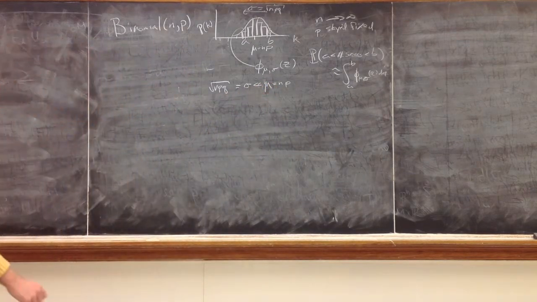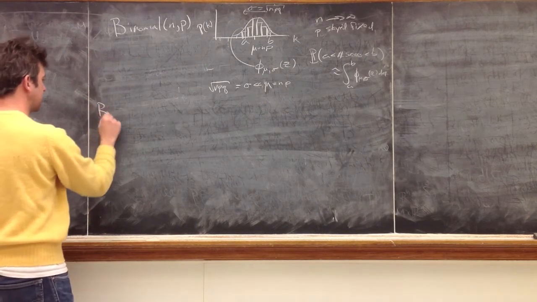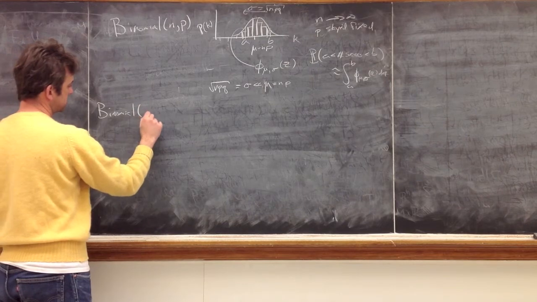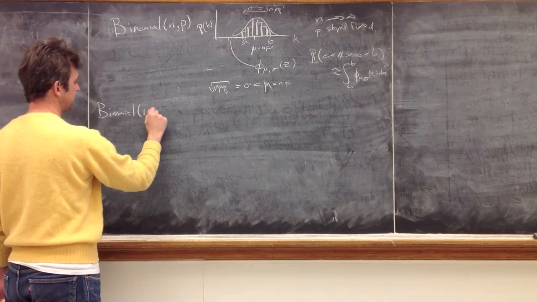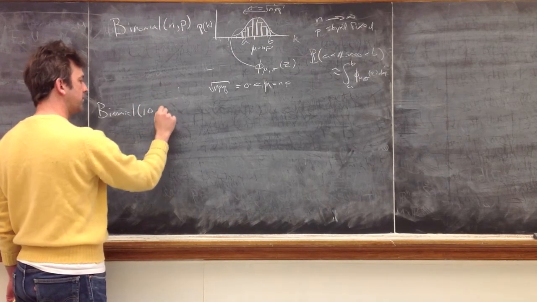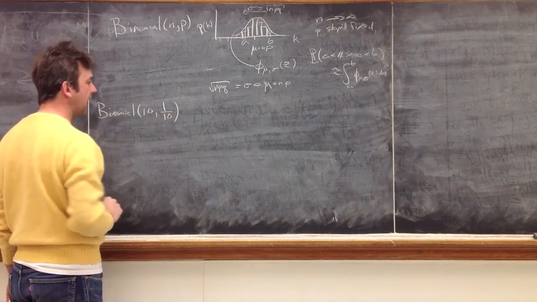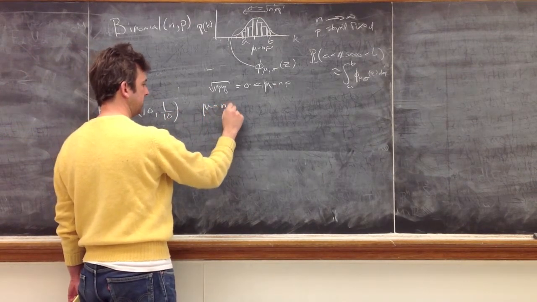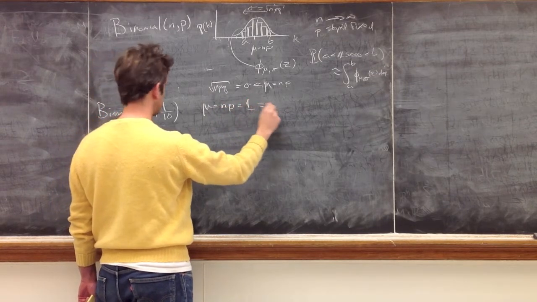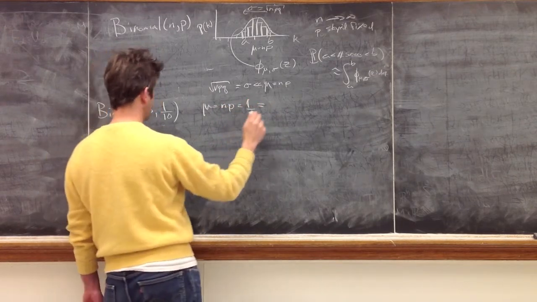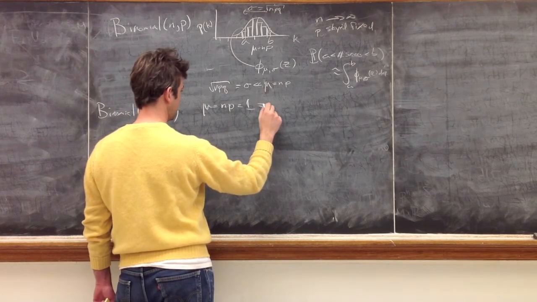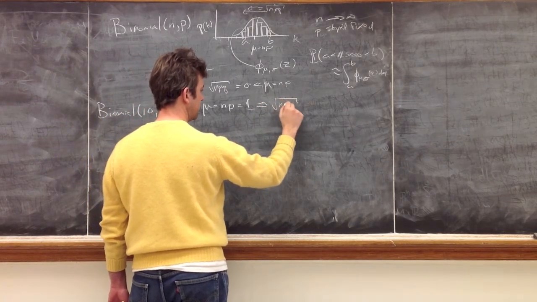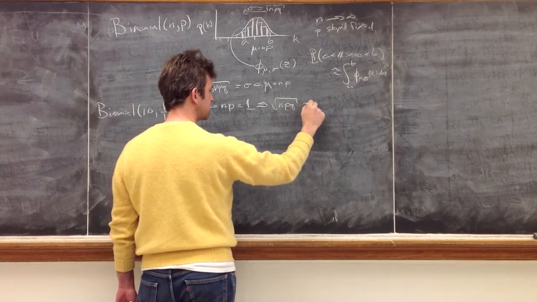Now, what if we pick a binomial where that's not true? So let's think about a binomial with parameters, let's say we pick n to be 10, and let's pick the probability to be 1/10. So now, mu is equal to np, which is equal to 1, which is approximately equal to the square root of npq, which is just about 1 also.